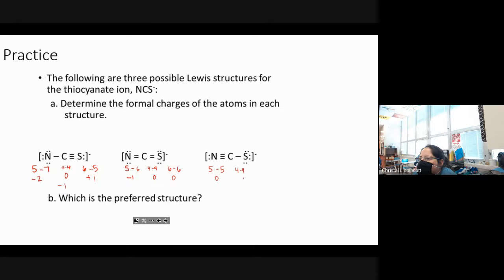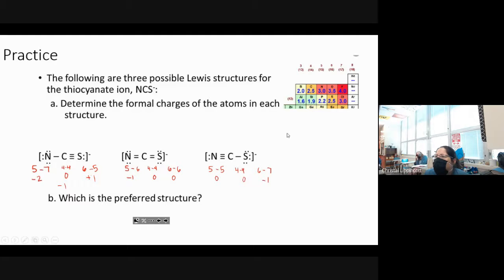And our sulfur is 6 minus 1, 2, 3, 4, 5, 6, 7. So it is a negative 1. Okay? So now we need to figure out which one of these is the most preferred.